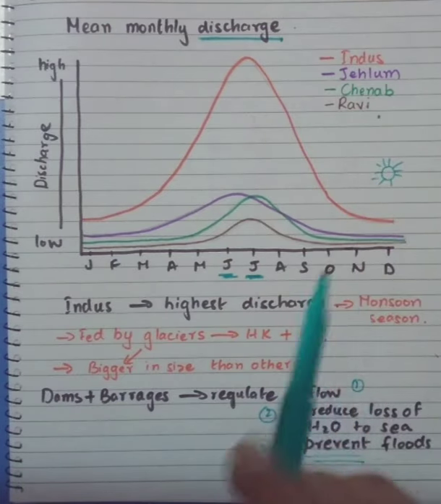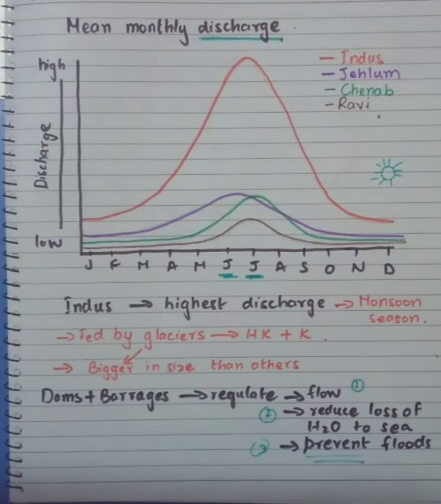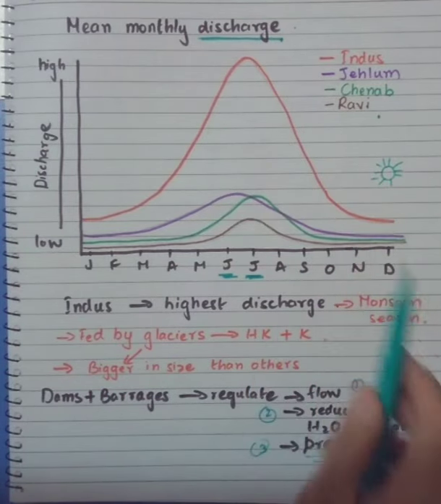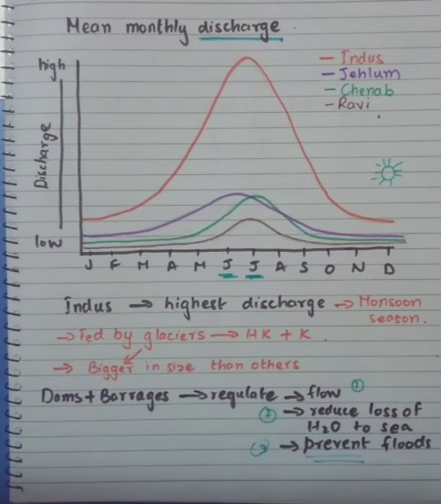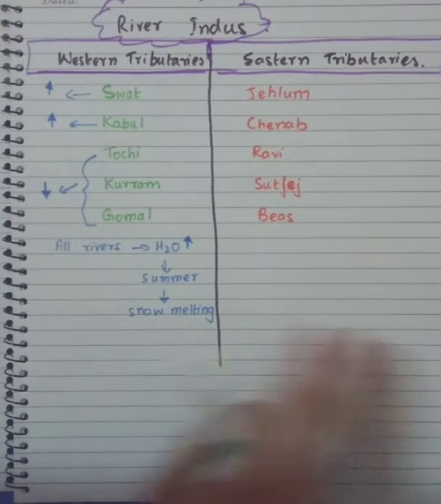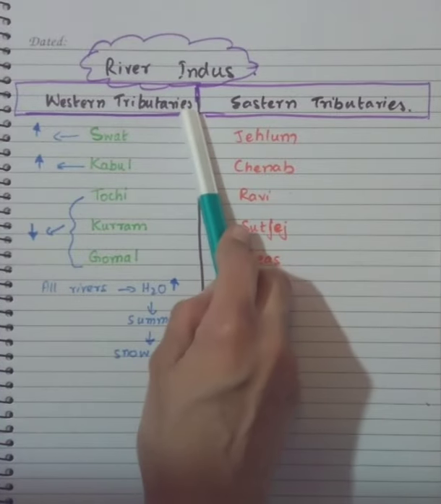So that is why the amount of water in Ravi, Satluj and Beas throughout the year is very, very limited. So that is why we are not even mentioning them. Ravi to a certain extent, but Satluj and Beas are not even there in Pakistan, and Satluj is almost dry. That is why.